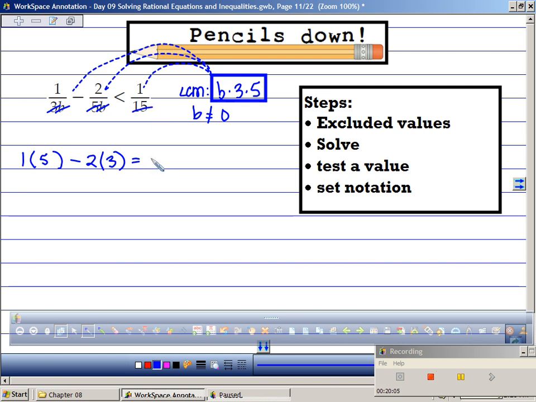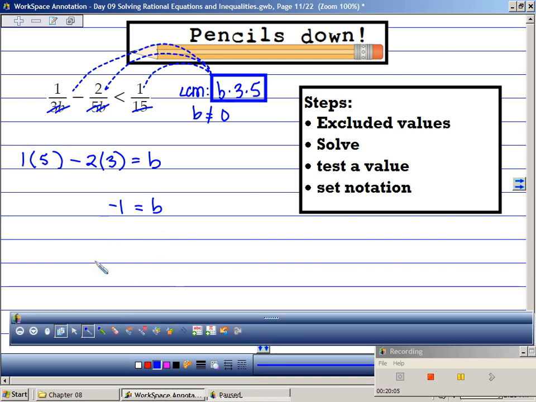What's left over? B. This becomes 1 minus 6, which is -5. -1 equals B. Okay? All right. So from there, actually, I think I'm going to make these rise. Never mind. Guys, back on track.